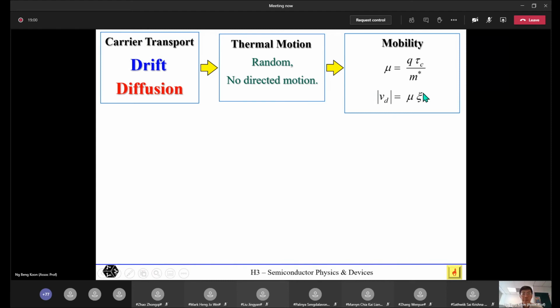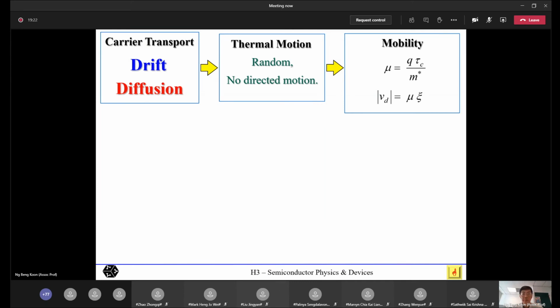The electric field is like a force that will push the carrier, and how fast the carrier moves depends on another parameter called the mobility. So the mobility is basically a parameter of the carrier in a particular semiconductor that describes how fast it can move per unit electric field that is present.